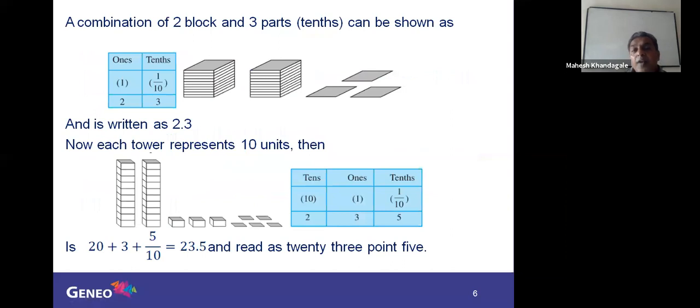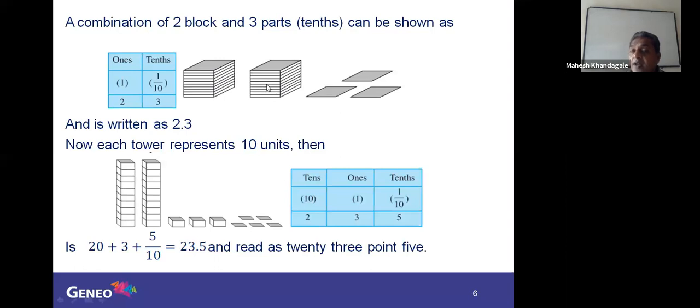Similarly, now if we take 2 blocks and 3 parts, mind well now one part is equal to 1/10. So here we see that 2 blocks having 10 parts each, and three parts which are 1/10. So how will this be written? This complete first block is a whole, so we'll take it as 1. This is also a whole, so we'll take it as 1.